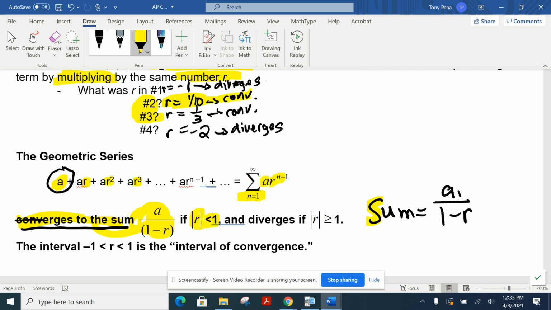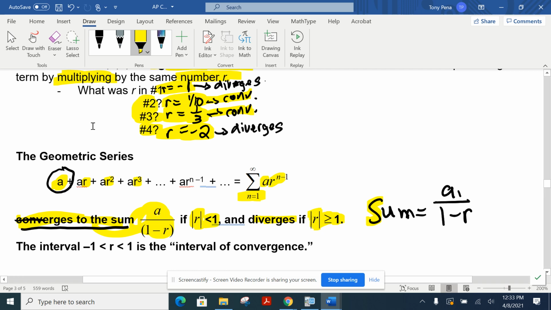If you look at number 3, the absolute value of our ratio of 1/3 is less than 1, and it converges. However, you're going to diverge if the absolute value of your ratio is greater than or equal to 1. That's number 1, right? The absolute value in number 1 equaled 1. That's why that one ultimately diverged. And then number 4 diverged because the absolute value of -2 is greater than 1. That's how we're going to know if this diverges or not.